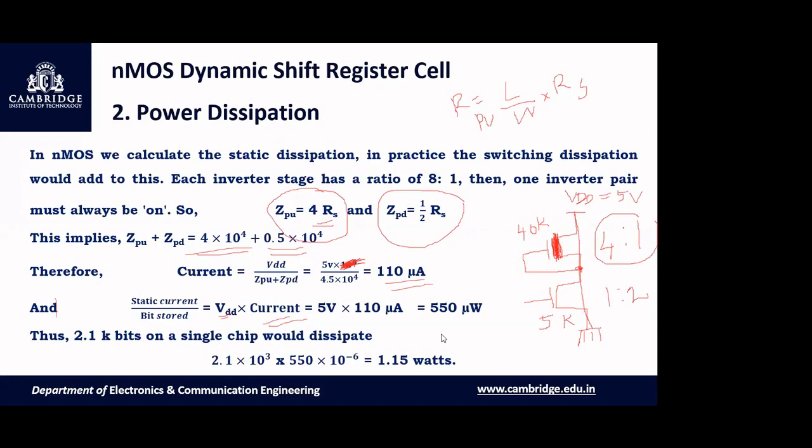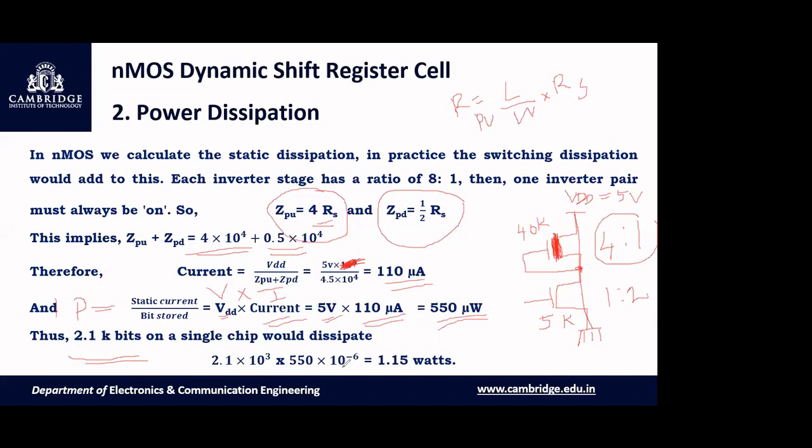Power is equal to V into I. V is VDD, that is 5 volts, into the current we found, 110 microampere. So we'll get 550 microwatt. The power wasted is 550 microwatt per bit. And if you want to find it for 2.1 kilobits of information on a single chip, which is 4 mm by 4 mm, we just multiply by 550 micro.